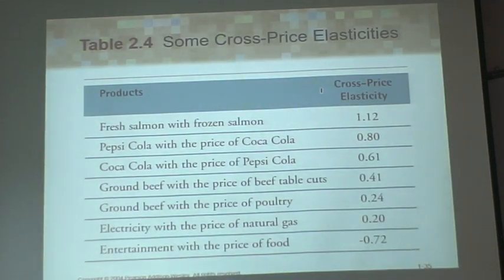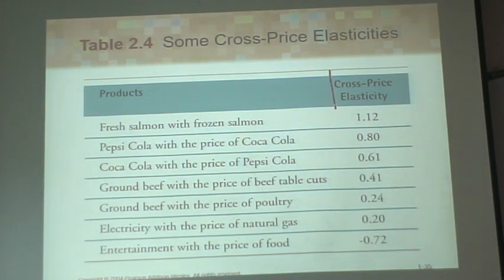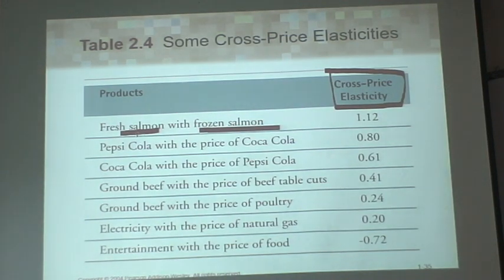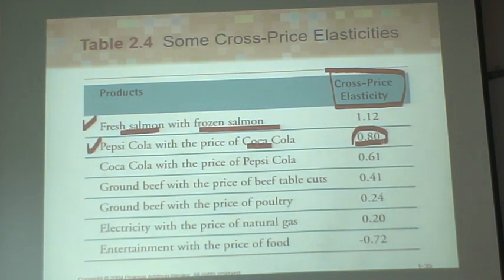Okay, so cross-price elasticity is about substitutes and complements, right? Positive, substitute. Negative, complement. So salmon and frozen salmon, what's that? Substitute. Pepsi and Coca-Cola, right? It is also substitute, but the relationship is not that great.